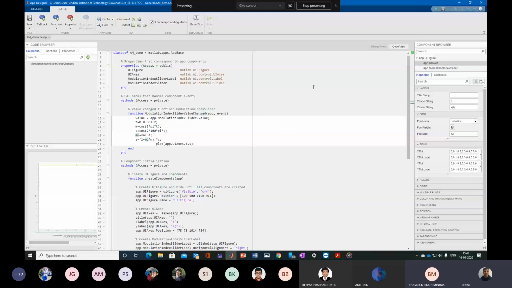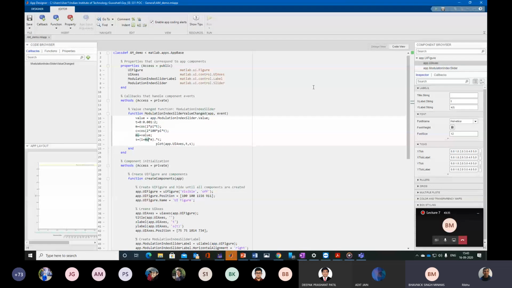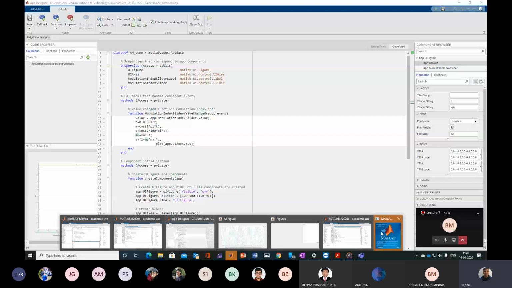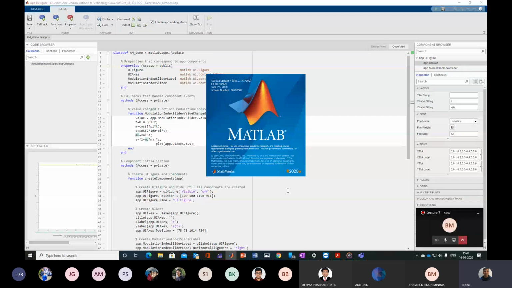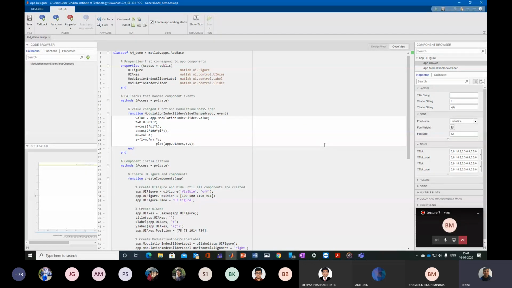So I've changed the screen. Yes, I can see it. The issue is that I'm running something else on MATLAB, so I have to launch another MATLAB session to show this. It'll take a minute. If you look at the code, I can still change it. What I'm changing is mu times m plus c.